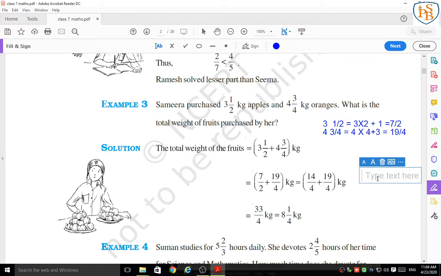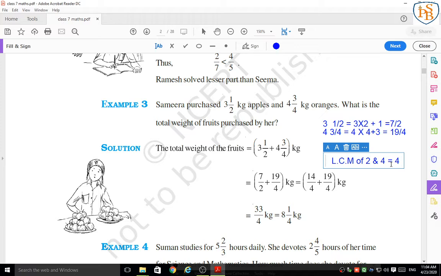The LCM of 2 and 4, look at here carefully, is 4. That means 4 can be found in the table of 2 and also 4.